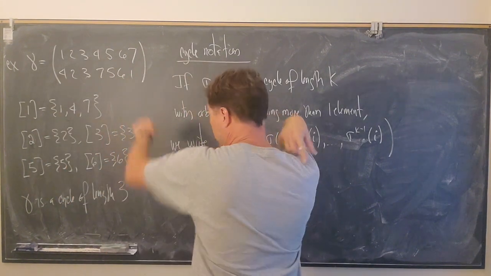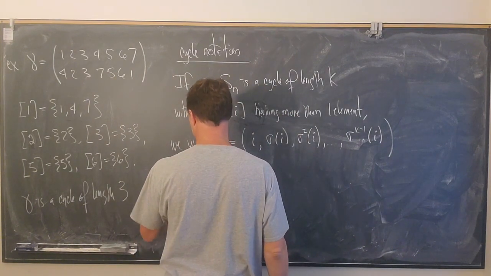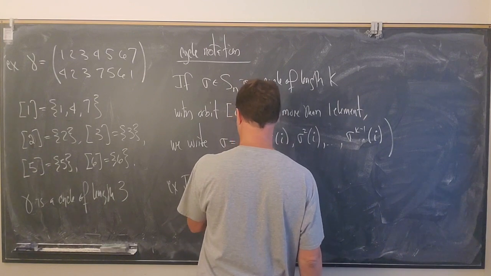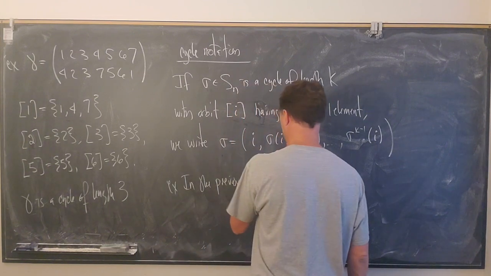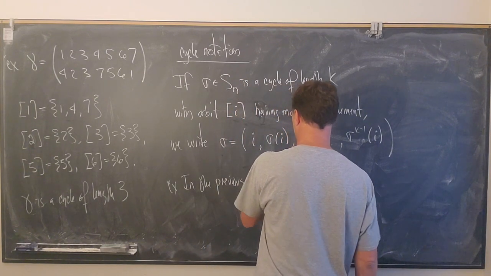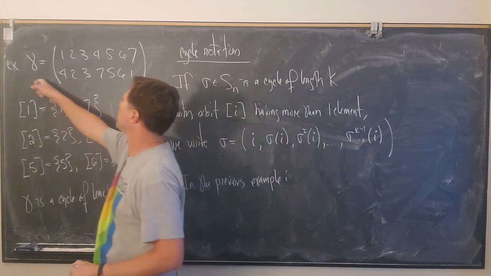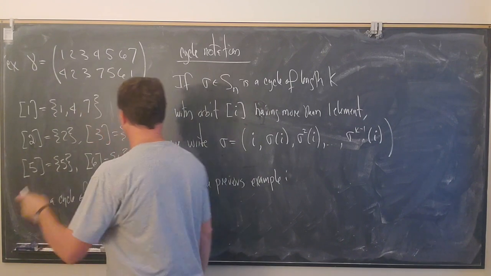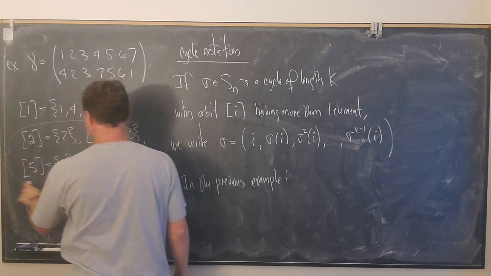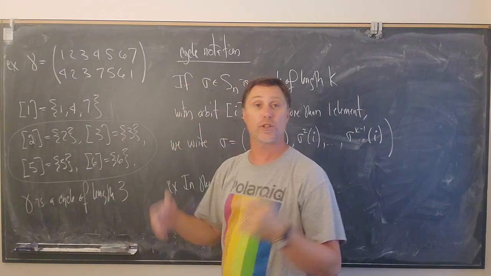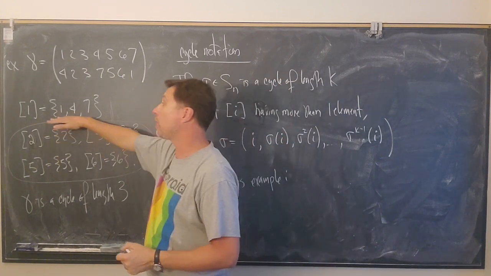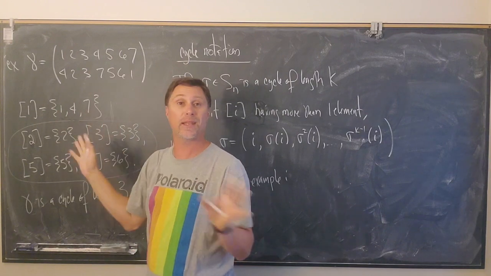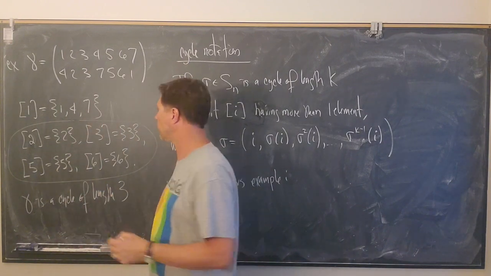So in the previous example, we have this cycle gamma right here. And so what do we need? If it's understood that it's a cycle, then there's going to be at most one orbit that has more than one element. And if I tell you which orbit that is, that's all you need to know.